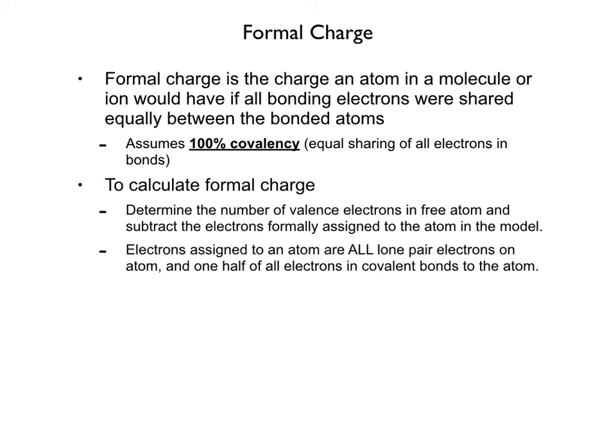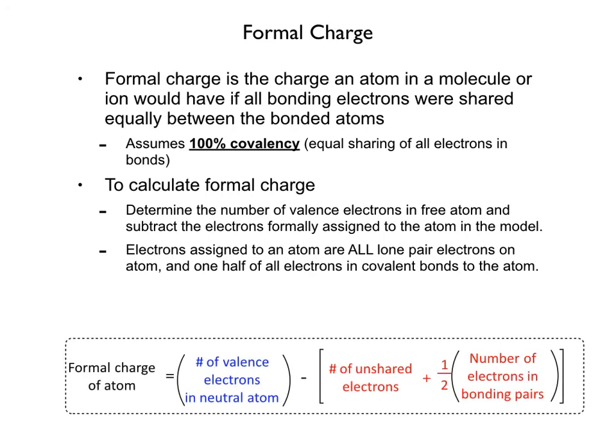So to calculate our formal charge, we have this set of rules, and we can also look at an equation that's shown below. This is the same thing mathematically as it is in words. The first thing we do is take whatever atom we're looking at and ask ourselves how many valence electrons are there in that free neutral atom. We get that just from the periodic table.